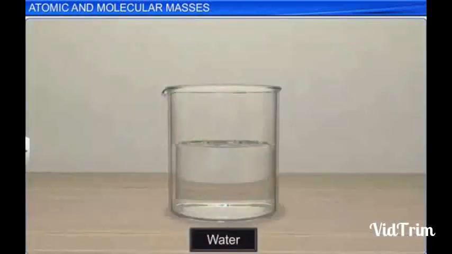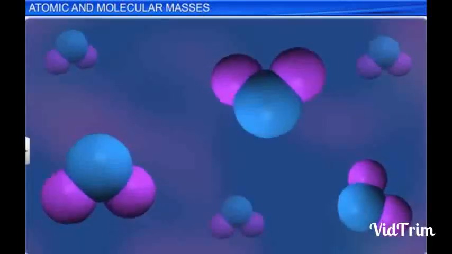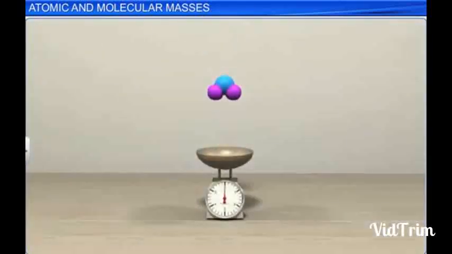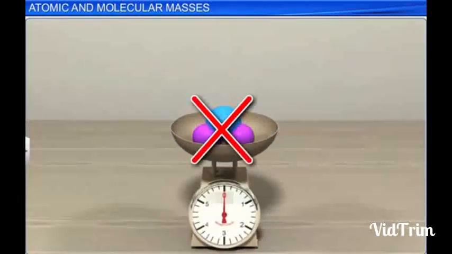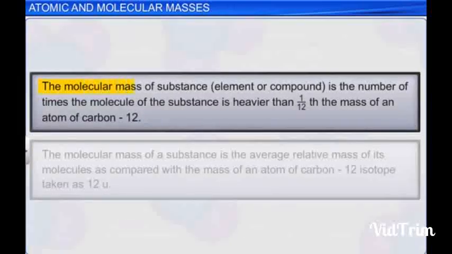Like atoms, molecules are also very small. Hence, their mass cannot be determined by weighing them. Therefore, the molecular mass is determined relative to the mass of carbon atom taken as 12 U. The molecular mass of a substance, element or compound is the number of times the molecule of the substance is heavier than 1/12 the mass of an atom of carbon-12.